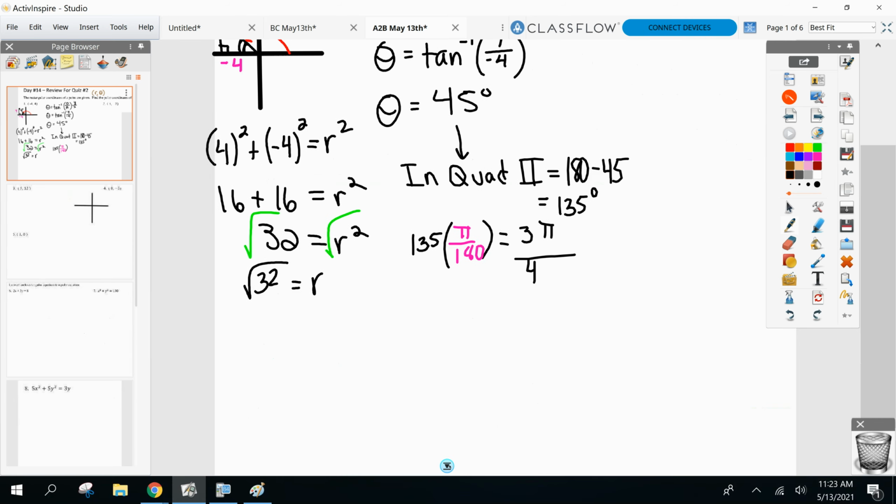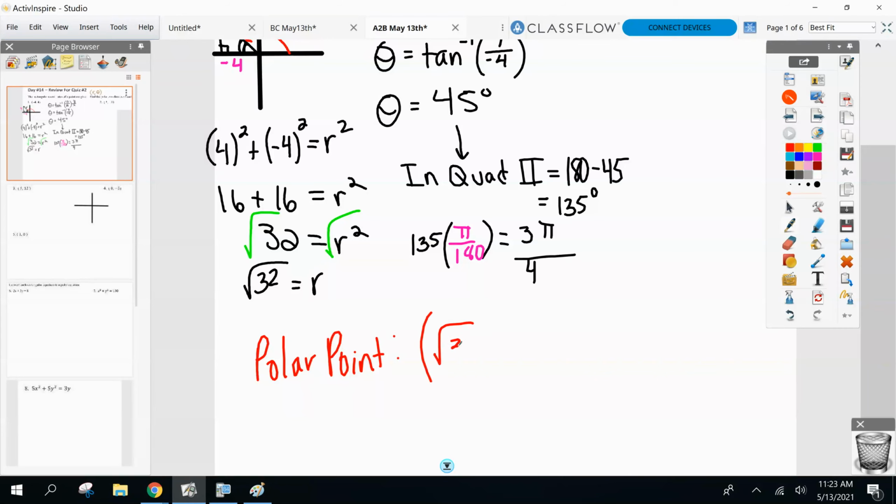Put the two together now. There'll be a spot for you to write your answer tomorrow. My polar point: r, radical 32, comma, theta, 3 pi over 4. There's your polar point.